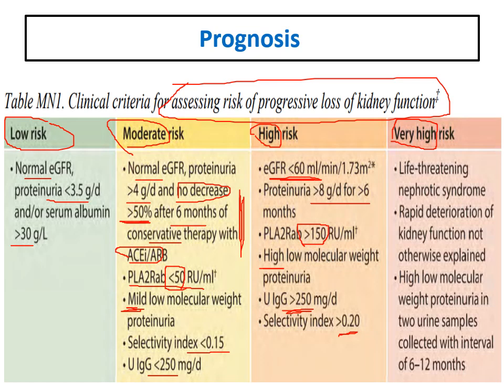Very important: a very high risk patient has life-threatening nephrotic syndrome, rapid deterioration in kidney function, or high low molecular weight proteinuria in 2 urine samples collected 6 to 12 months apart, on 2 occasions. It is very important to classify your patient.